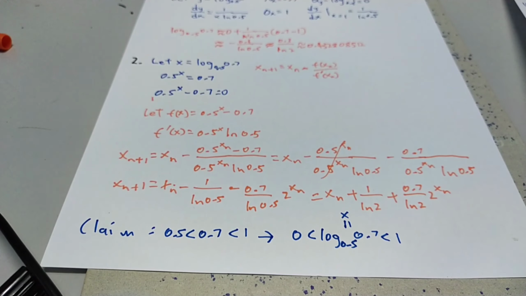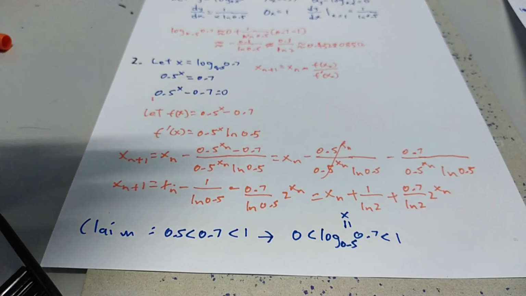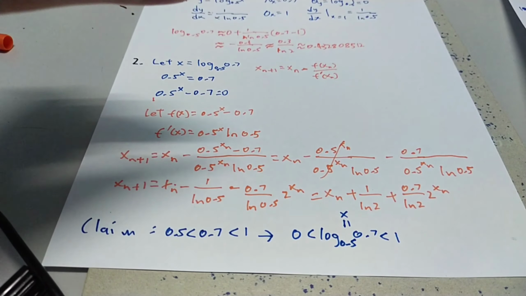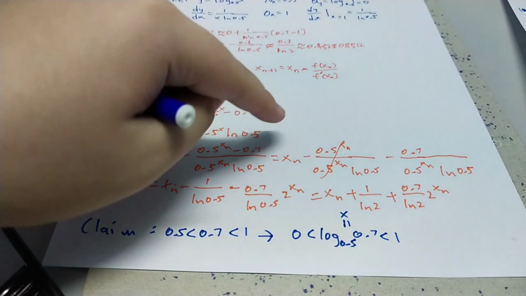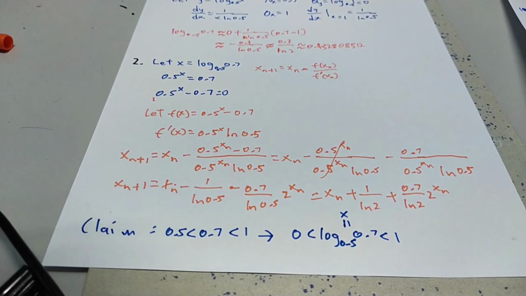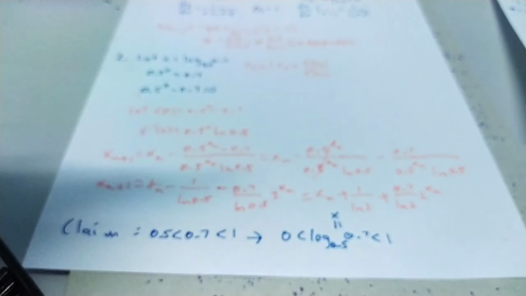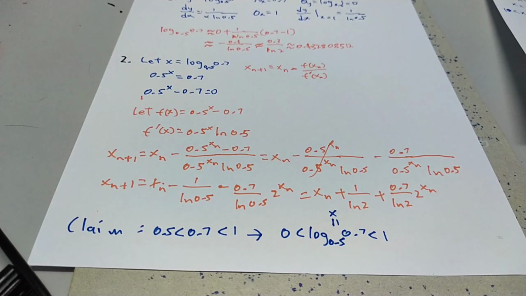And when x is equal to 1, it's going to be 0.5 minus 0.7, which is equal to negative 0.2. And look at what we got. We go from 0.3 to negative 0.2. There is a sign change, from positive to negative. That means the log of 0.7 with base 0.5 is indeed in between 0 and 1. And because of that, we can finally use the Newton-Raphson method to find the value of x.